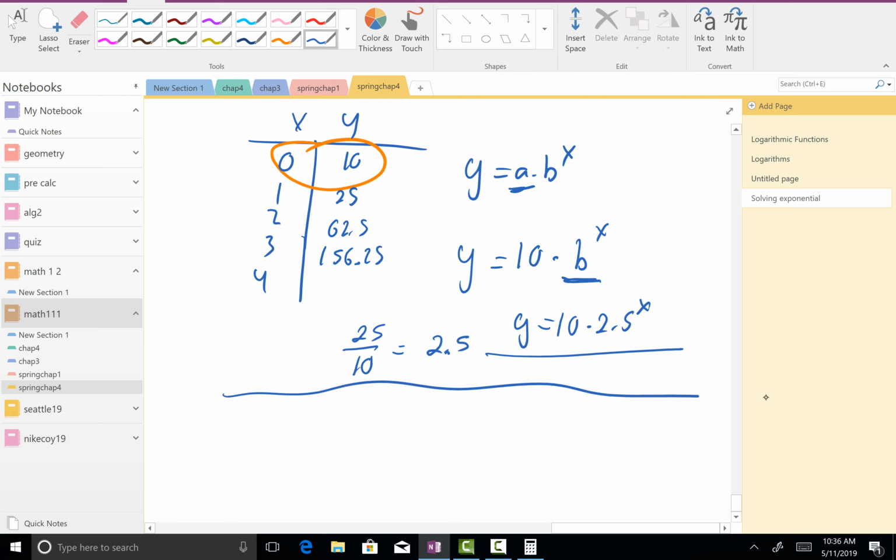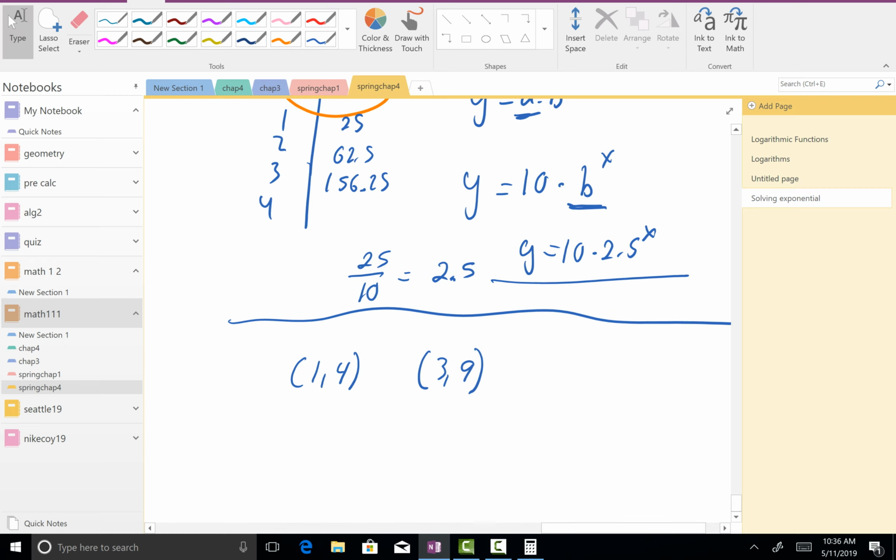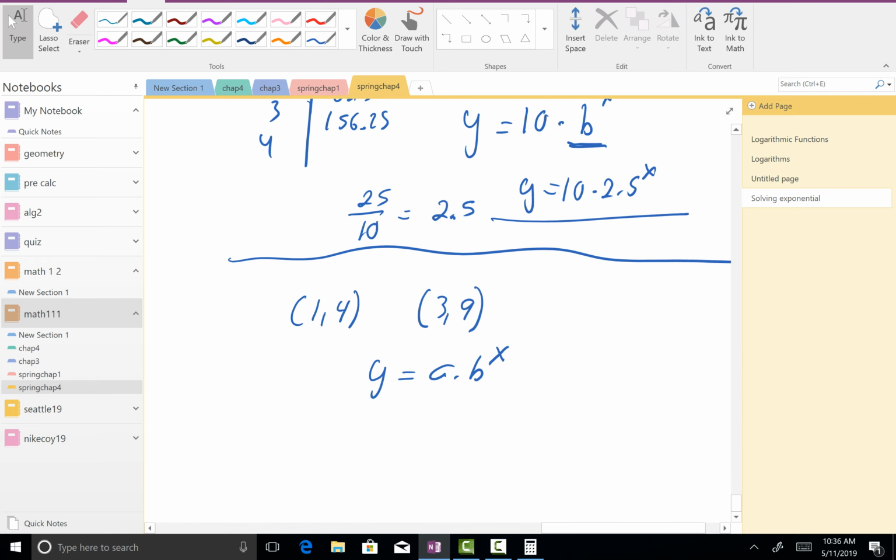Then I gave one where I said, well, here's 2 points, and that's an exponential. Well, I don't tell you what the initial value is, so you don't know what it is.